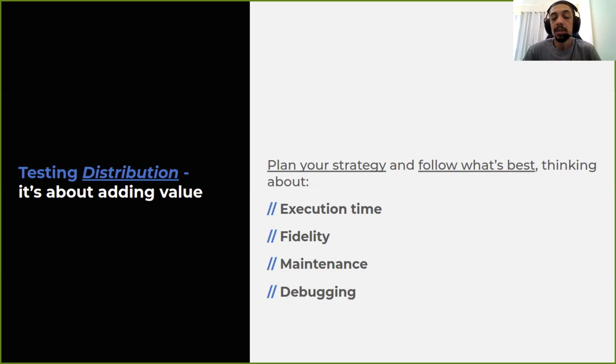So depending on what is possible and what your team can do at the moment, focus on what's best for you. If your resources only allow you to take care more of the execution time because you want quick feedback about what you are implementing, you might have more unit testing.